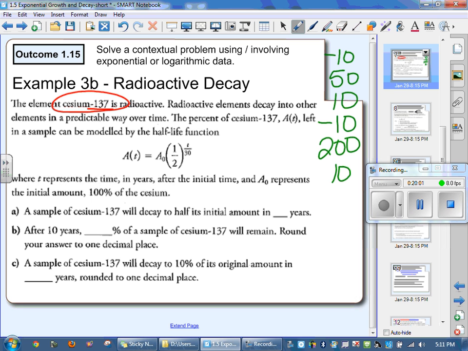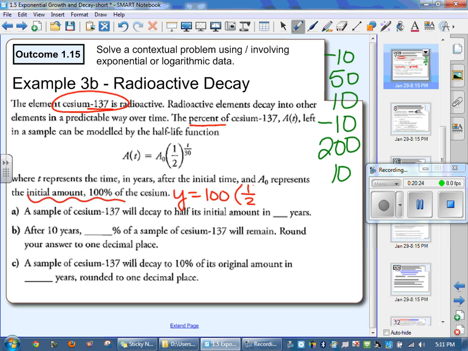So here it's talking about the initial amount being 100% of the cesium. T is time in years. So I know that A0, my initial amount, is 100. So my equation is going to look like this: A(t) equals 100% times a half to the exponent t over 30.